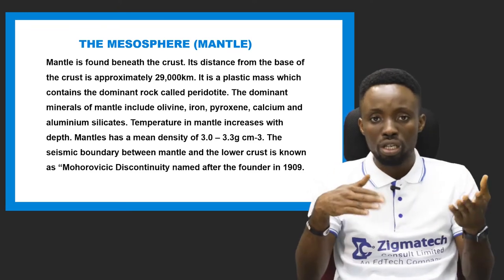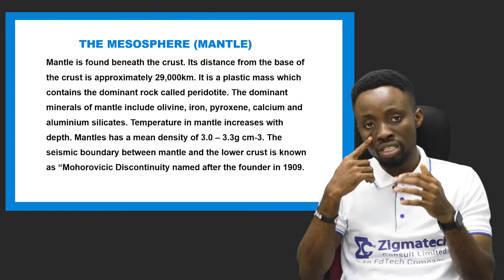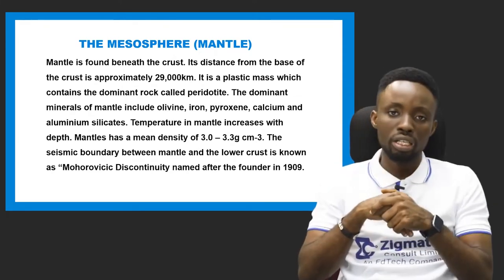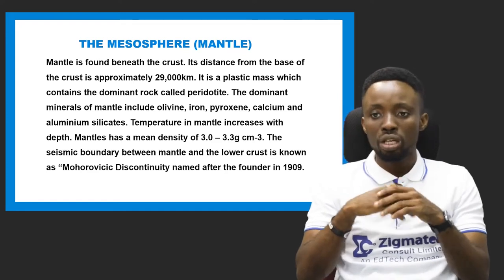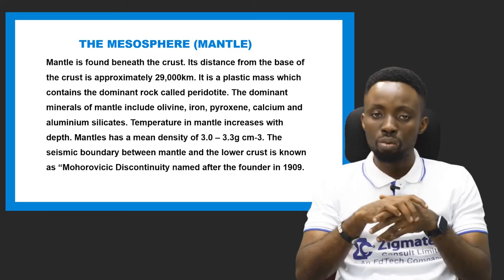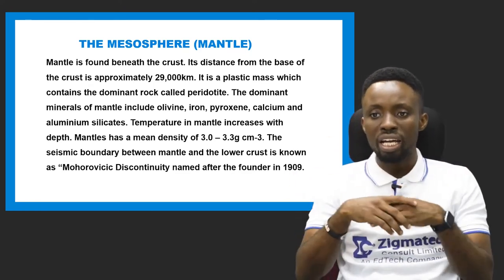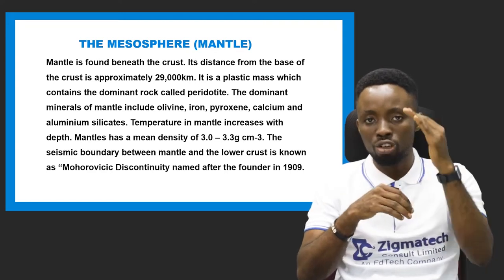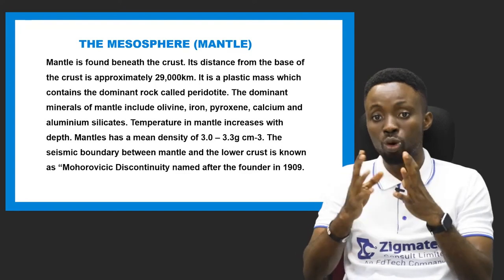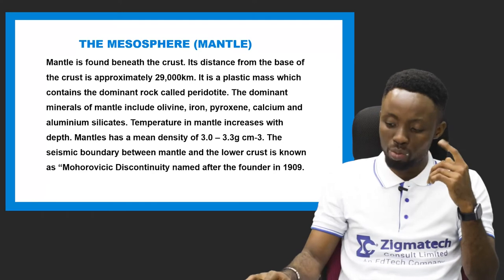Like I said, we have Sima and Ciel when you're going down the crust. The temperature there increases as you go down before you get to the core of the Earth. So the mantle has a density of 3.0 gram, down to 3.3, and the seismic boundary between the lithosphere and the mantle is called the Mohorovičić discontinuity, in 1909, to be precise.